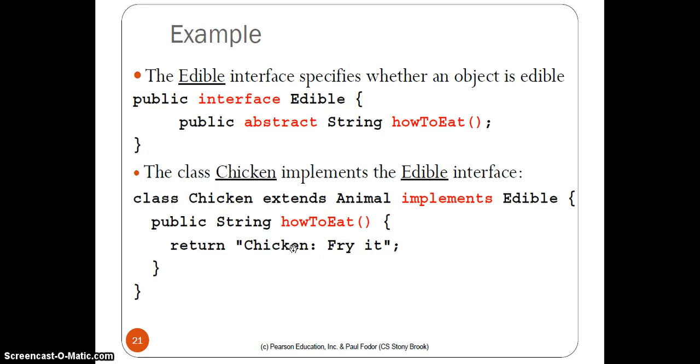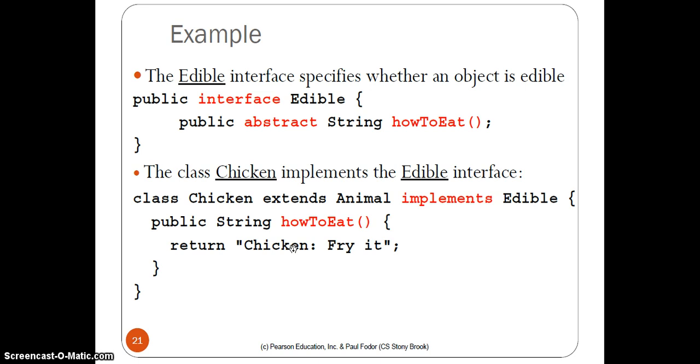For example, I declare an interface Edible and I have an abstract method howToEat, right? So essentially, for example, Chicken. Now Chicken extends Animal because chicken is a type of animal and it implements Edible. So I need to define a method which will tell me how to eat.